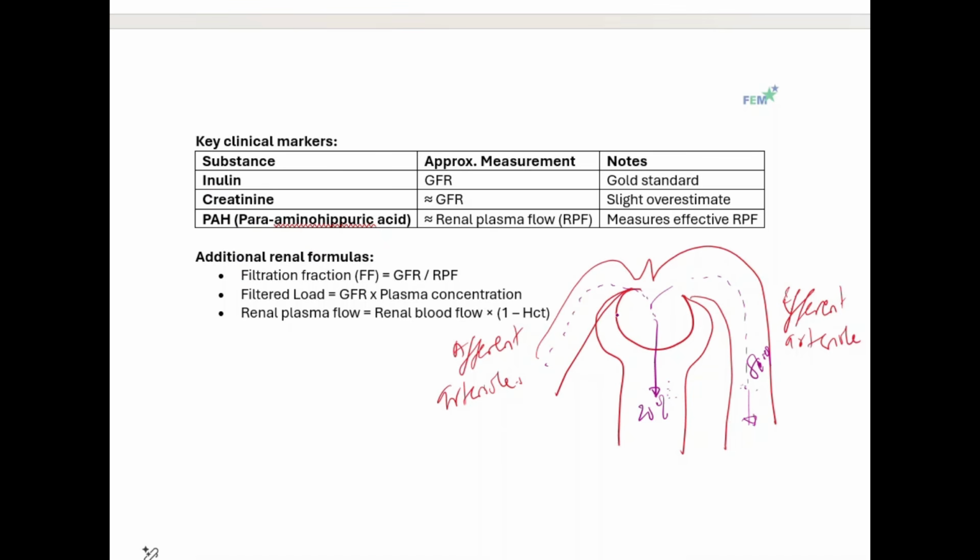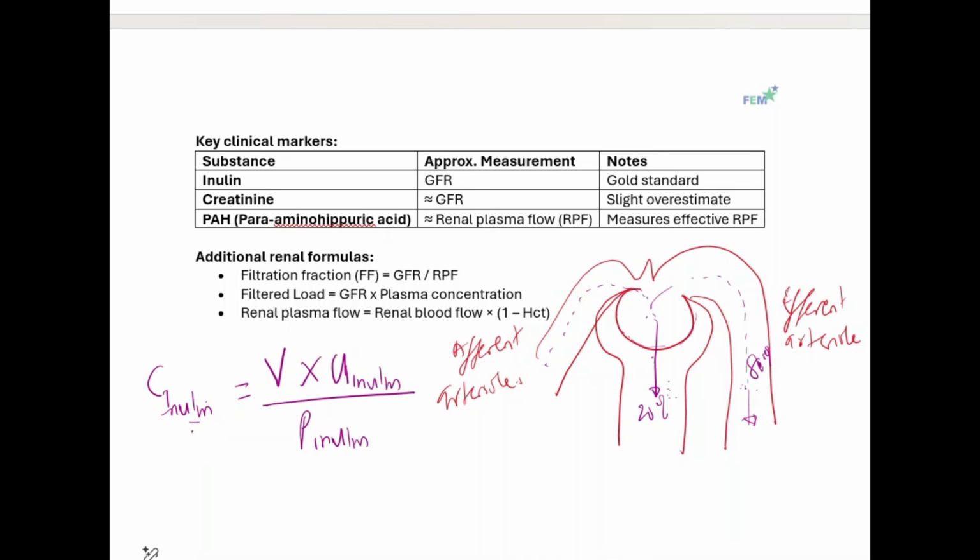So that means all the inulin that has been filtered from the glomerulus into the Bowman capsule is going to be excreted. So if I want to calculate the clearance of inulin, I can say the clearance of inulin equals the urine flow rate multiplied by the urine concentration of inulin divided by the plasma concentration of inulin.